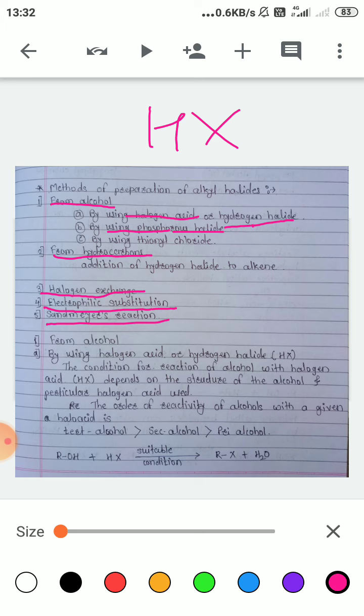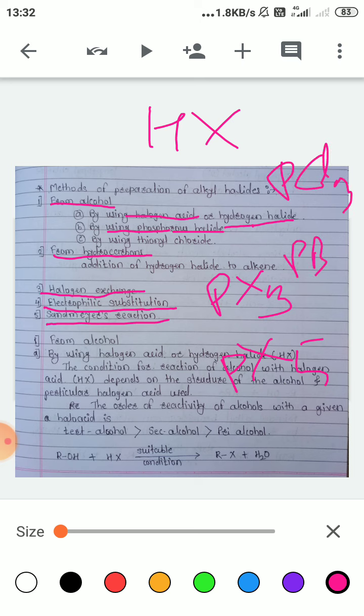Now phosphorus halides means halides of phosphorus, that is PX3 or PX5. They might be PCl3, PBr3, PCl5.